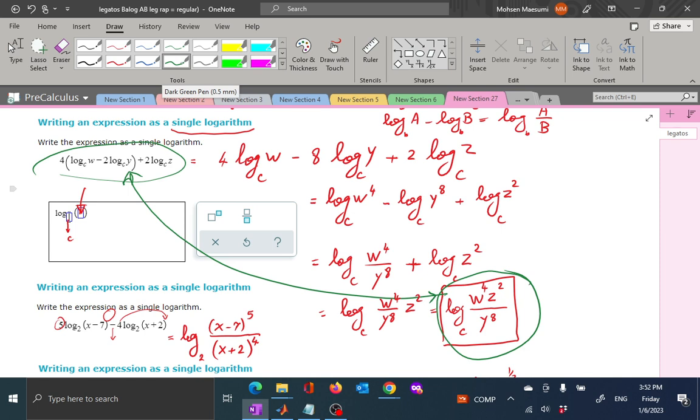All the items that are added come in the numerator, each variable to the power of the quantity in front of the log. Each quantity that is subtracted is going to be in the denominator. So here we have minus logarithm of y, means y is in the denominator. Overall coefficient of that is 4 times 2, that's 8. So the exponent is 8.